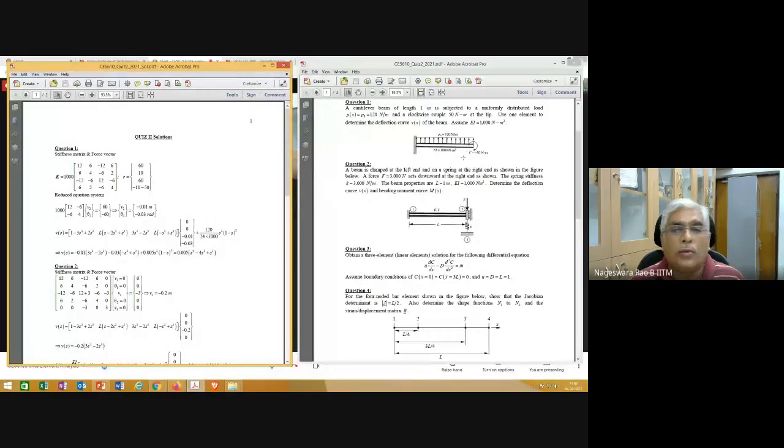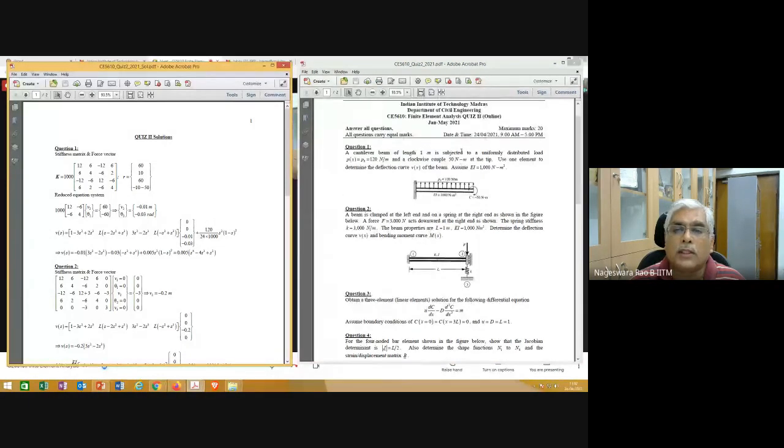Simple, this first problem, you can use a single element. This is the stiffness matrix, and depending on the boundary conditions, you can get the reduced equation system. Slope is 0, deflection is 0 at the fixed end.